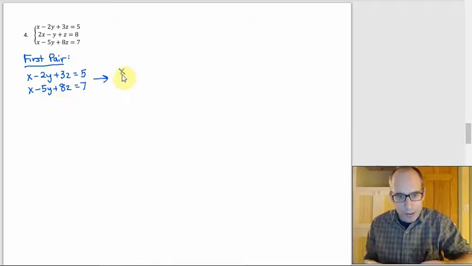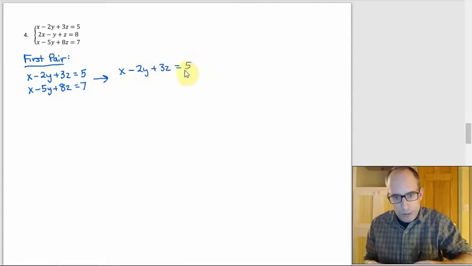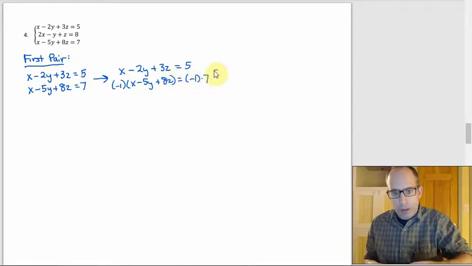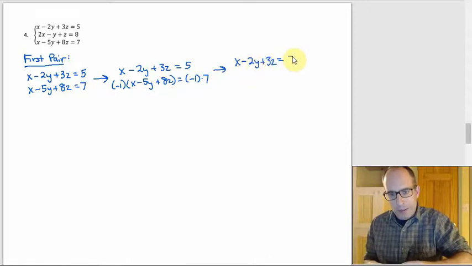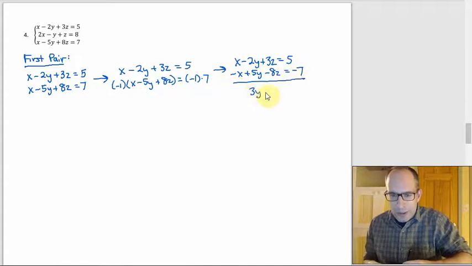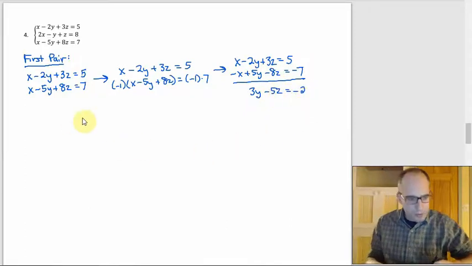So I'm going to leave the top alone, and on the bottom, I'm going to multiply both sides by negative 1. And let's see, top staying the same, so x minus 2y plus 3z equals 5. And then bottom would be negative x plus 5y minus 8z equals negative 7. All right, and if I add those together, it's going to be 3y minus 5z equals negative 2. All right, so that's my first pair.